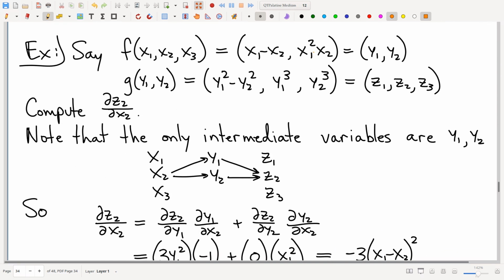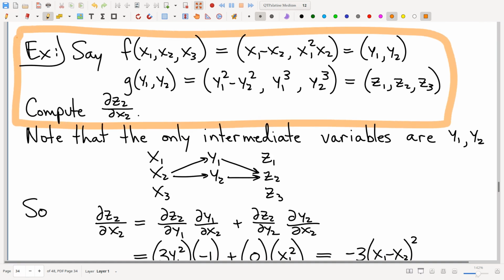Here we go. I kindly set up the variables the same here: the x's and then the y's and then the z's. Again, don't get comfortable with that. It won't always be like that. But you can see that the f acts first, because what comes out of the f is what goes into the g.